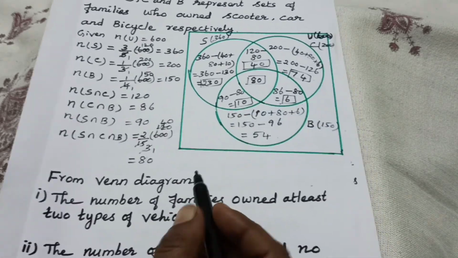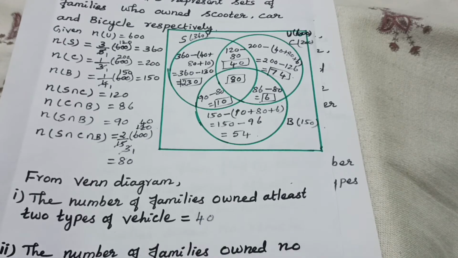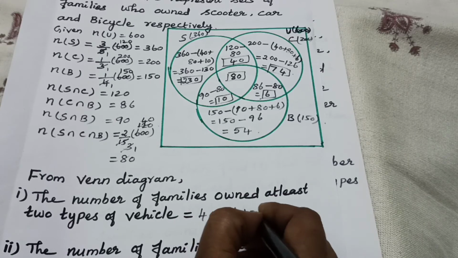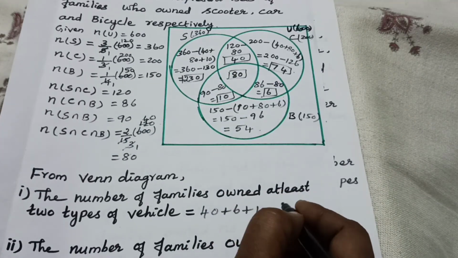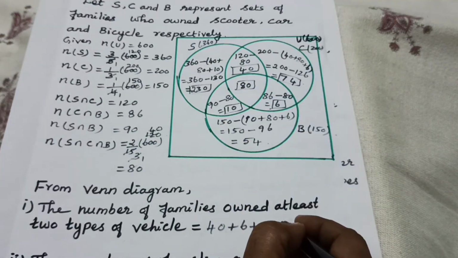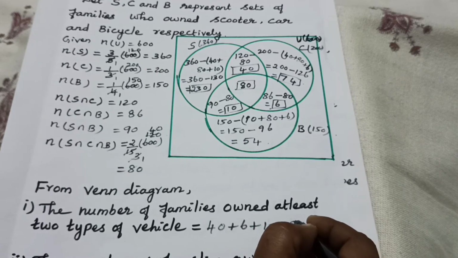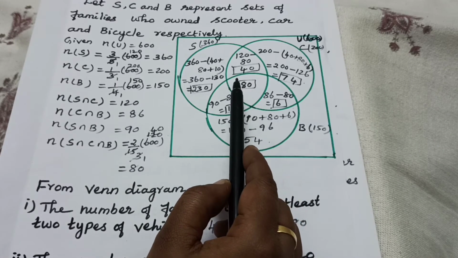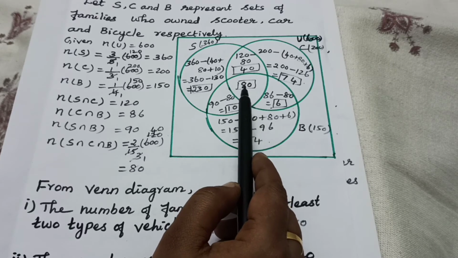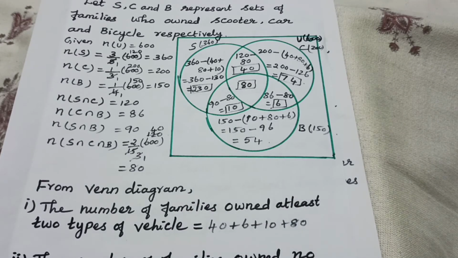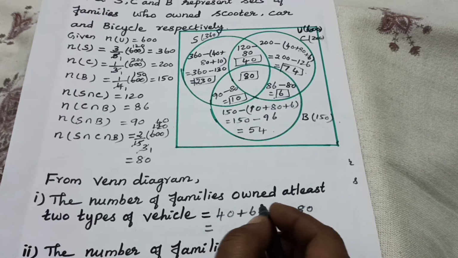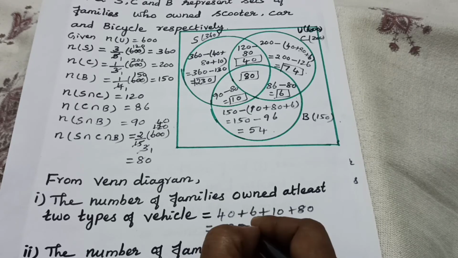That means here 40 plus 6 plus 10, then this 80 also you have to add, at least. Okay, our question is at least, so we have to add the 3 vehicles, how many of them are using, that one also we have to add here. Okay, then equal to this 3 added, then we will get what? 136.